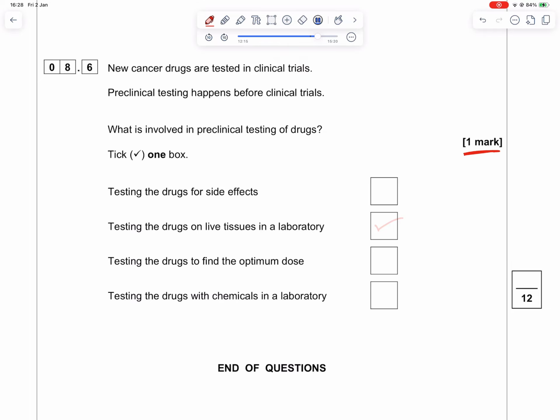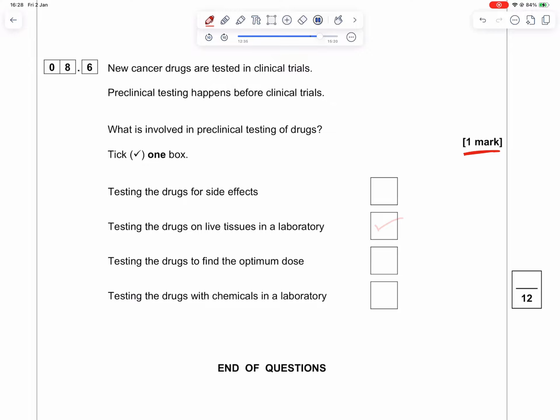New cancer drugs are tested in clinical trials. Preclinical testing happens before clinical trials. What is involved in preclinical testing of drugs? Now, preclinical testing happens before drugs are tested on humans.